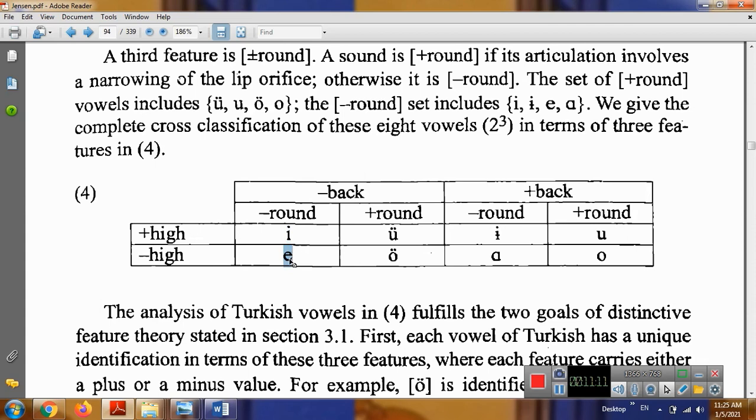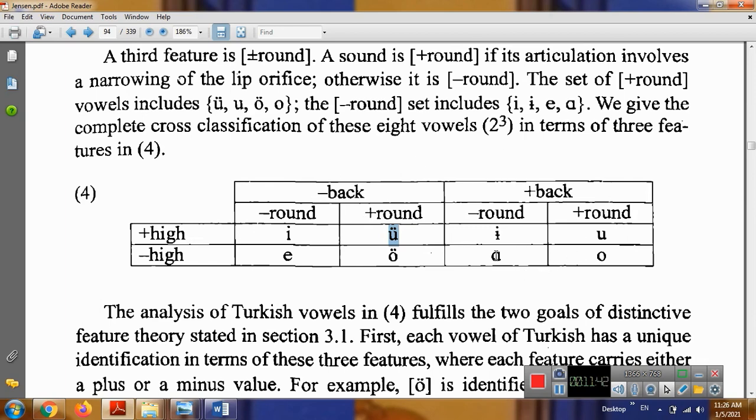For example, in the root we had a, and among these four vowels, e, u, e, u, e is nearer to a. When we had o, we choose u because both of them are plus round, minus back. They have two shared features.